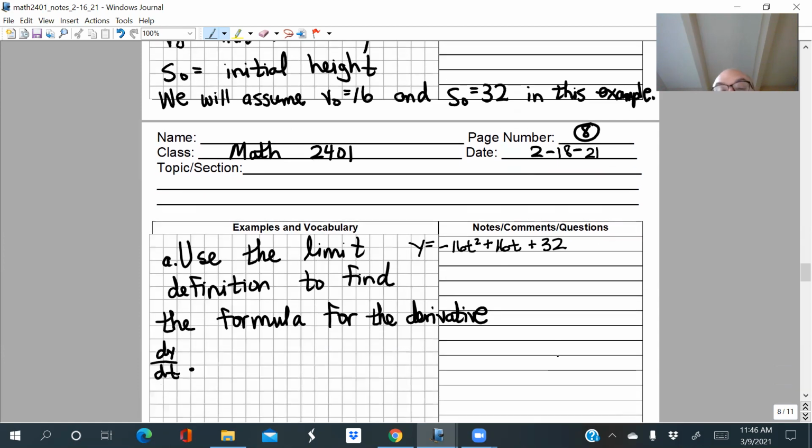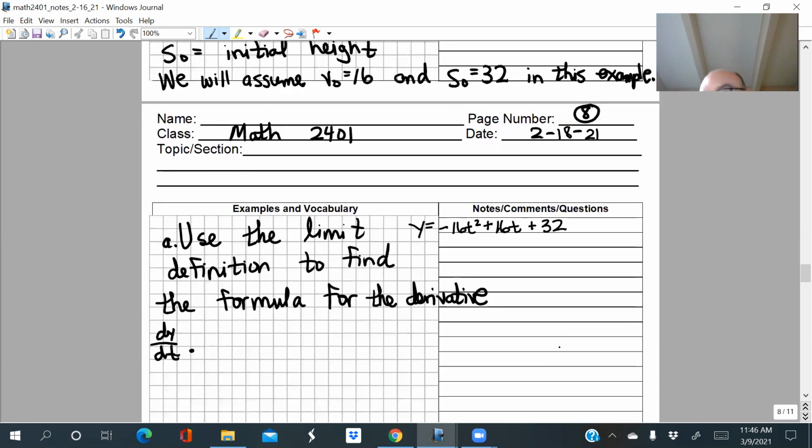So the very first question is sort of a basic differential calculus question. It says use the limit definition, because that's the only real mechanism we have at the moment, to find the formula for the derivative. Here, I express the derivative in old-fashioned notation, dy over dt.